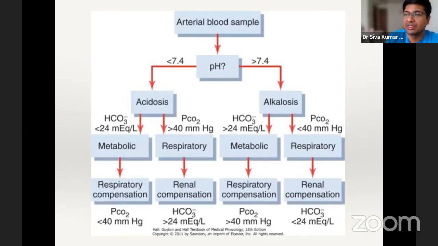We might not be in the correct position. You should always get it confirmed by an X-ray, especially the Ryle's tube, the endotracheal tubes, and the central lines. All of these have to be confirmed by imaging. And the nursing staff should know whether this is in position or not, or if there is any deviation from the normal.